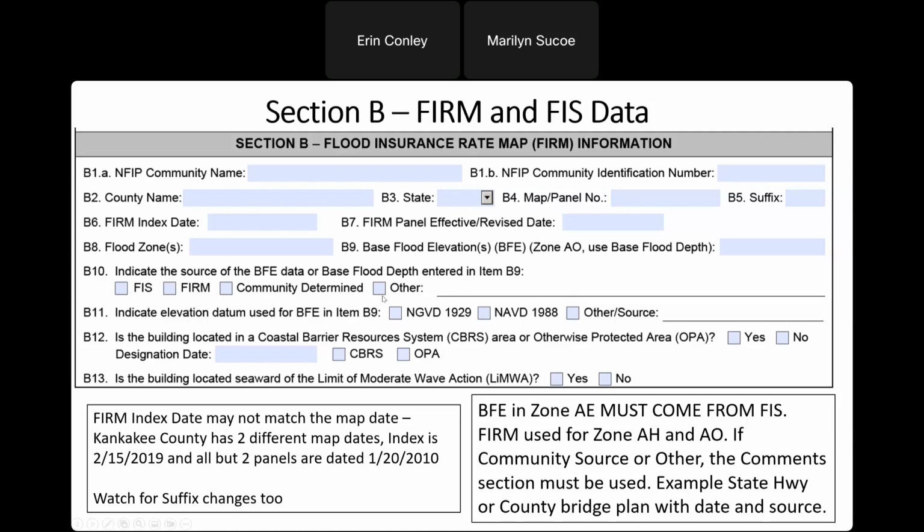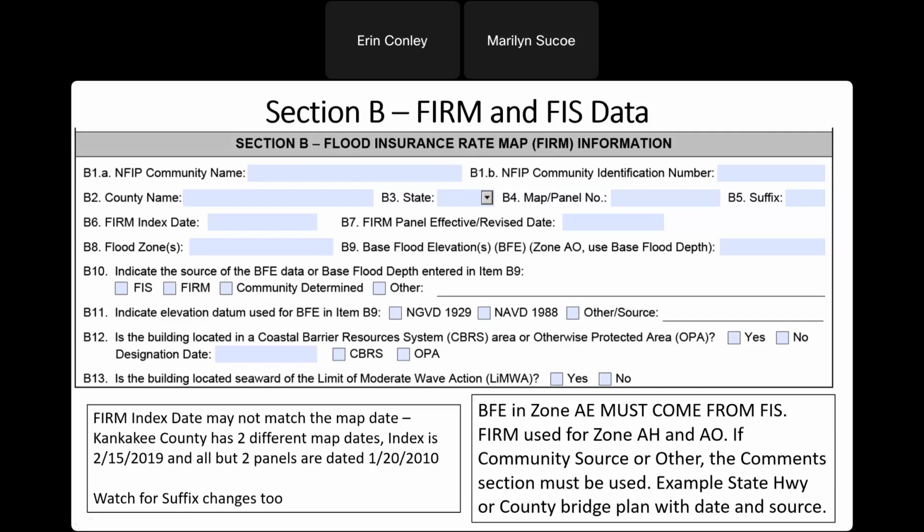They can fill that in there. Again, these can be completed in a zone A, and there would be no base flood elevation listed in that case. You don't have to determine the base flood elevation to complete an EC.